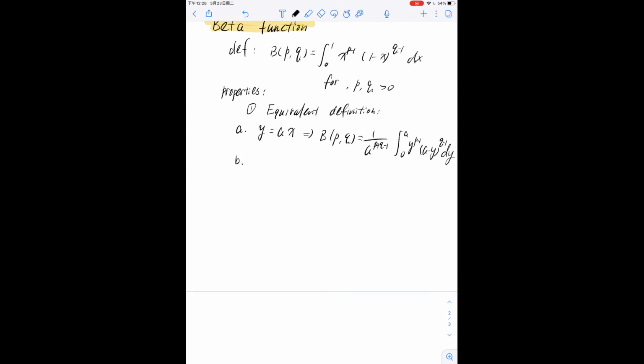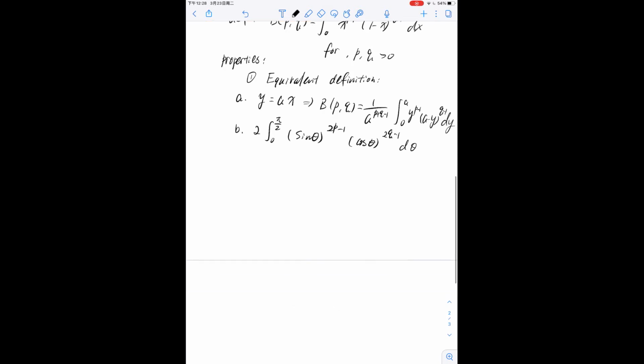Another equivalent form is 2 times the integral from 0 to pi over 2 of sine theta to the power of 2p minus 1 times cosine theta to the power of 2q minus 1 d theta.